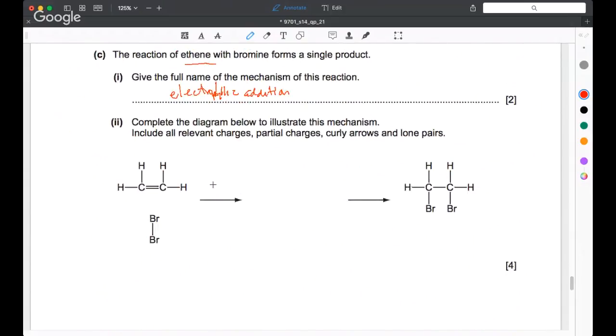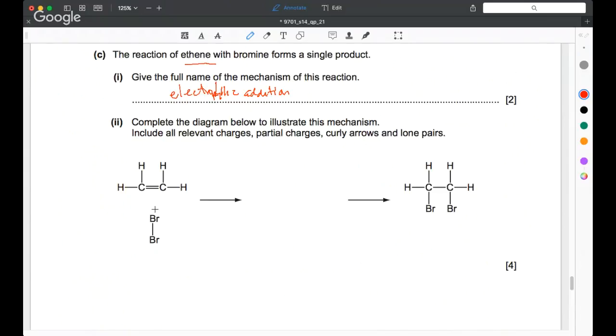And what's going to happen is that this area between the two carbon atoms is really electron rich. You can see there's a double bond here. So that's a very electron rich area. The bromine molecule can be polarized. The electron cloud around it can be distorted.